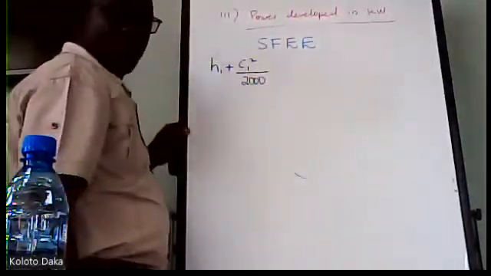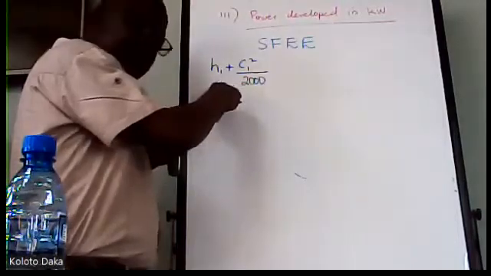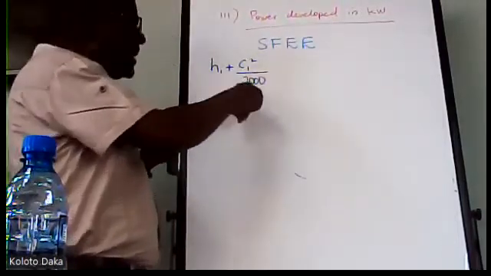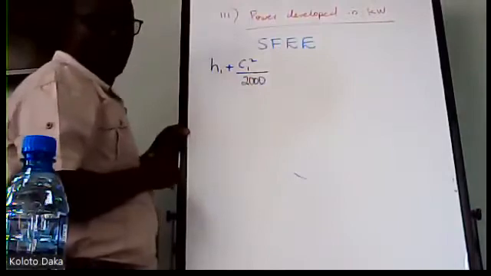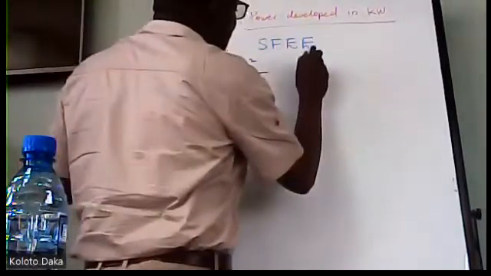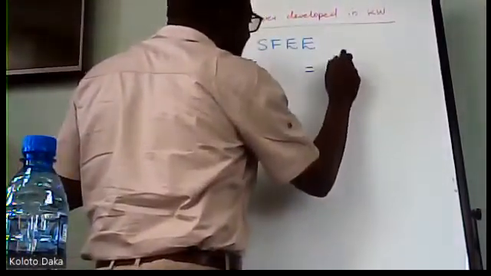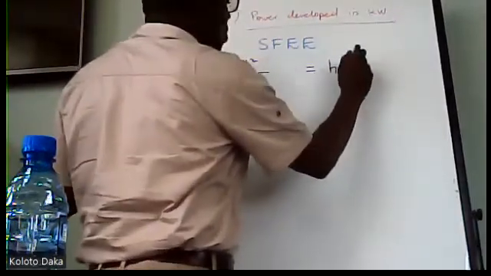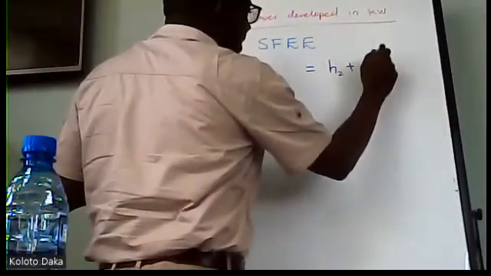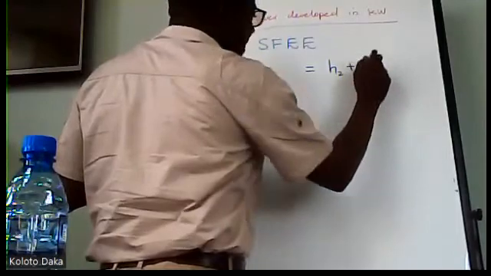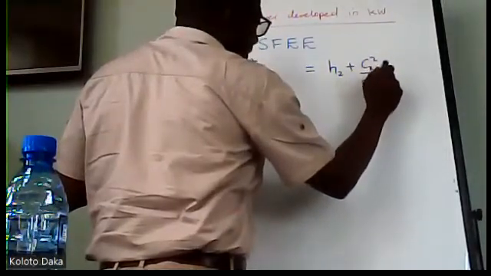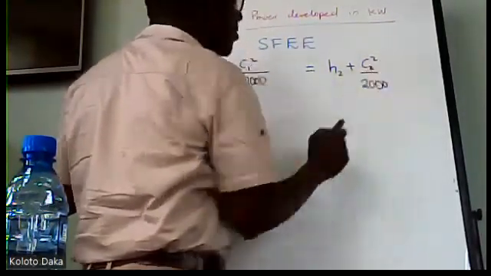So we only have specific enthalpy and the kinetic energy. This must be equal to specific enthalpy at 2 plus kinetic energy at 2. Are we together?